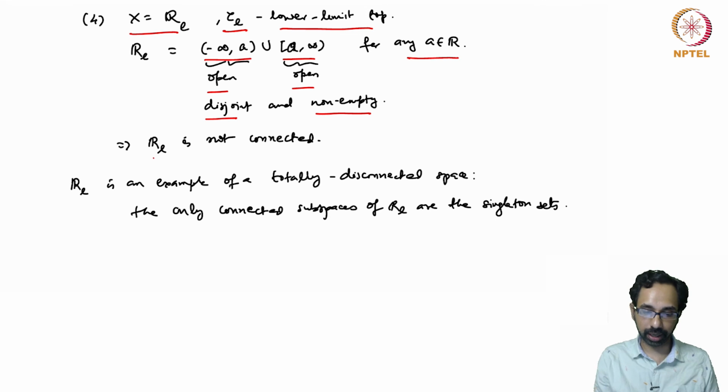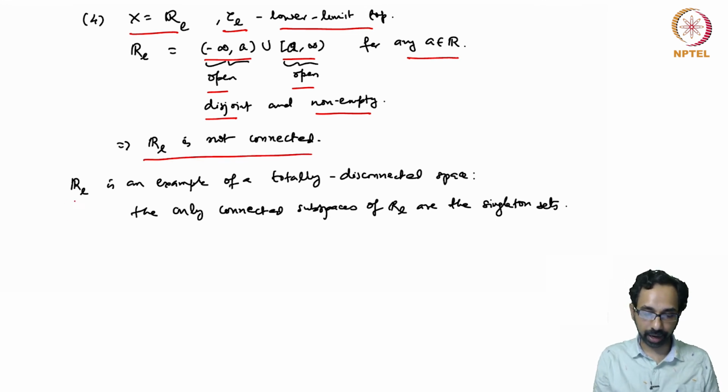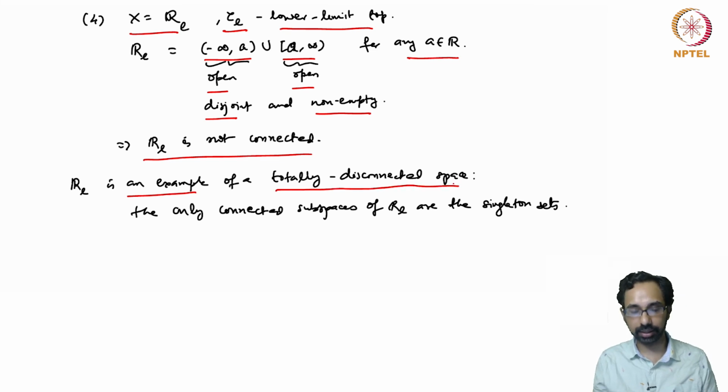So this means that R_L is not connected, and R_L in fact is an example of what are called totally disconnected spaces, which are spaces in which the only connected subspaces are the singleton sets. So R_L is a so-called totally disconnected space.